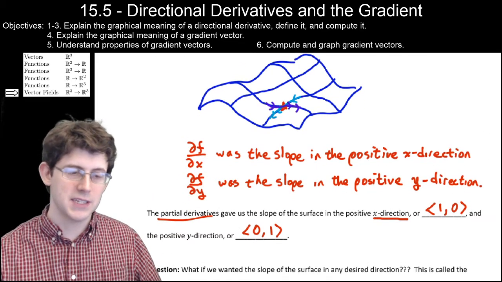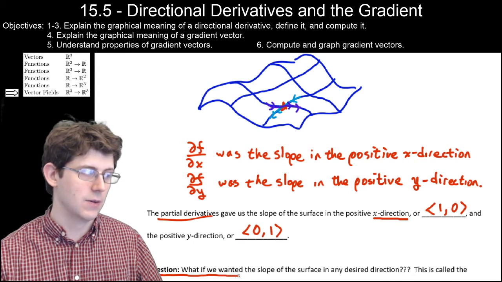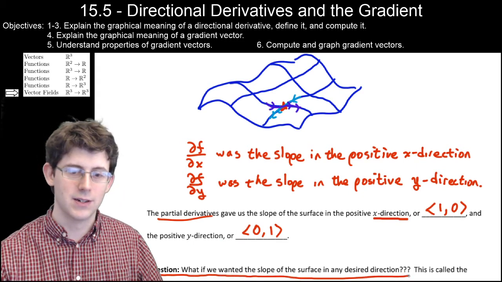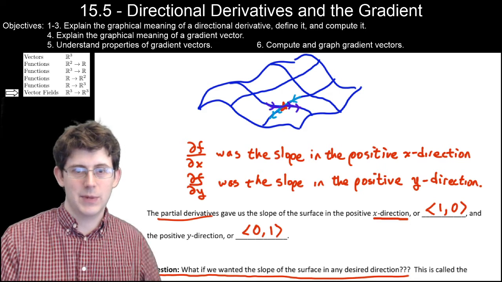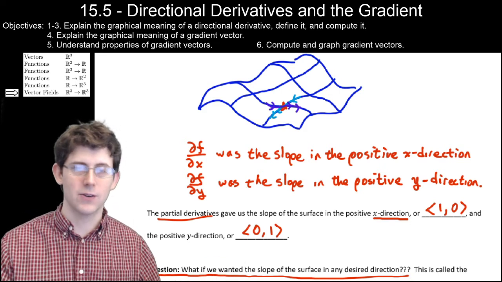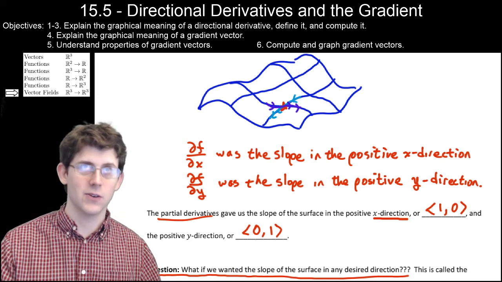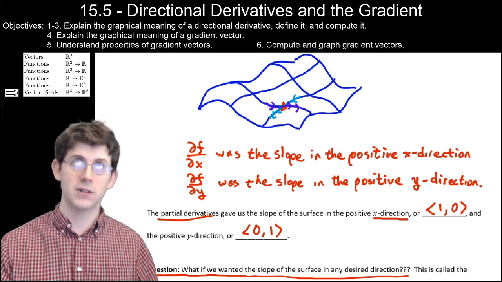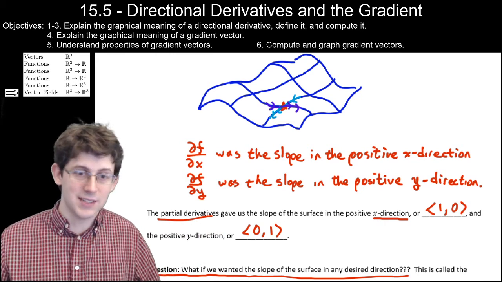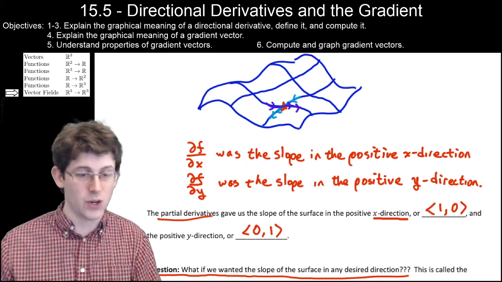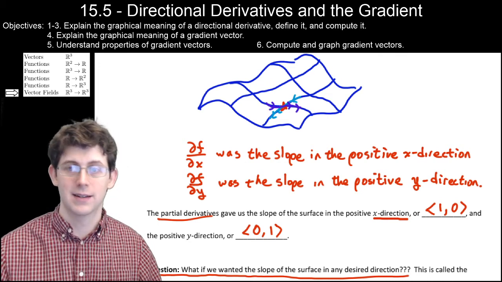The point of this section is, wait a minute, what's so special about the x direction and the y direction? Why not pick some other direction? Why not go northeast? Why not go north-northeast? How about 2 degrees west of south? There's infinitely many different directions. We shouldn't be locked into just these 2 partial derivatives.